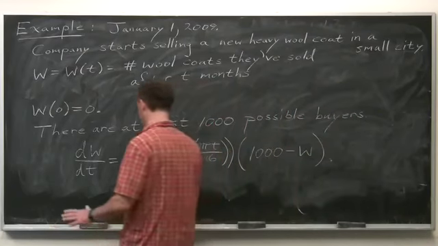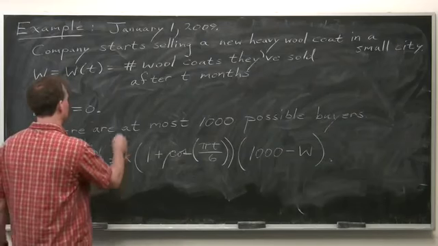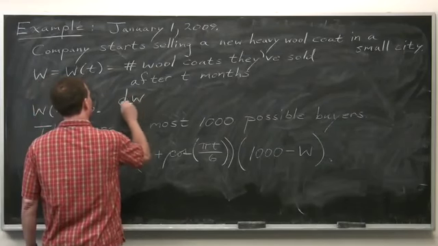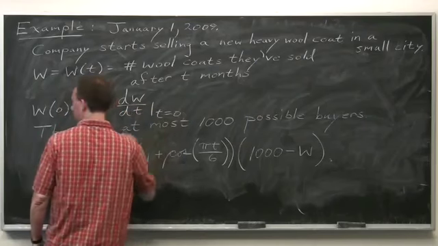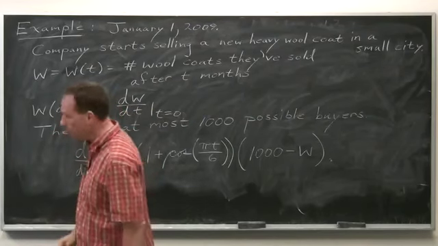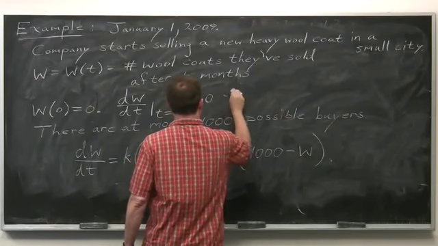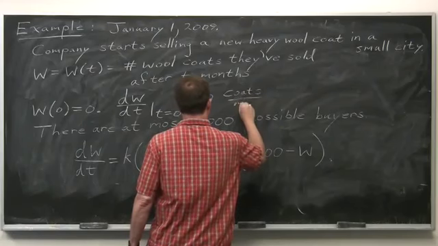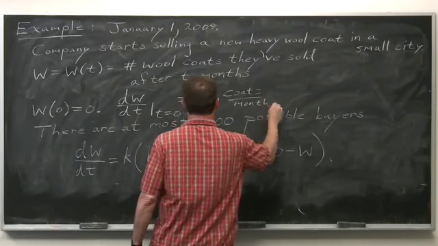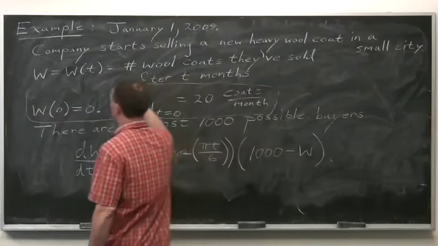They also see what happens at the very beginning, and they estimate that the rate of change of coat sales at time 0 is, and I want to match what's in the book, 20 coats per month. So we have 2 pieces of initial data.